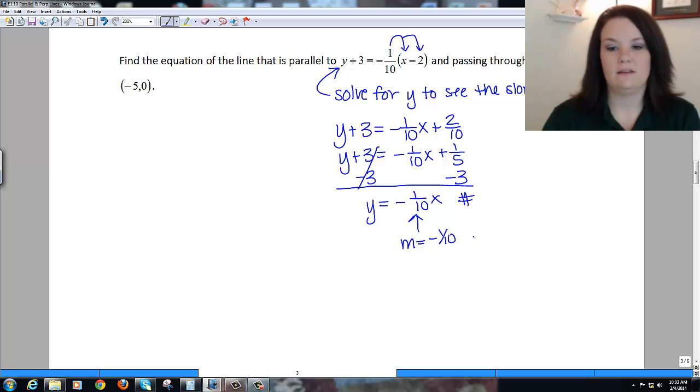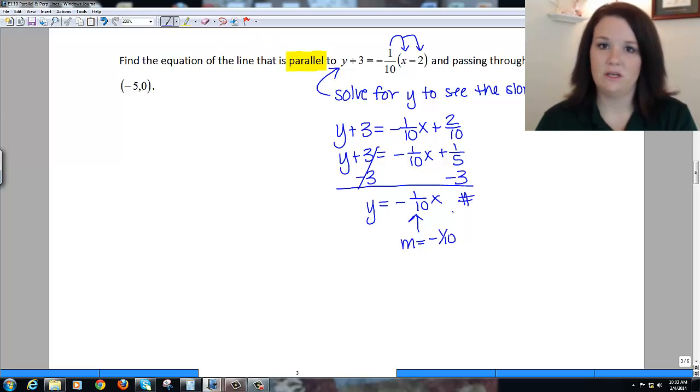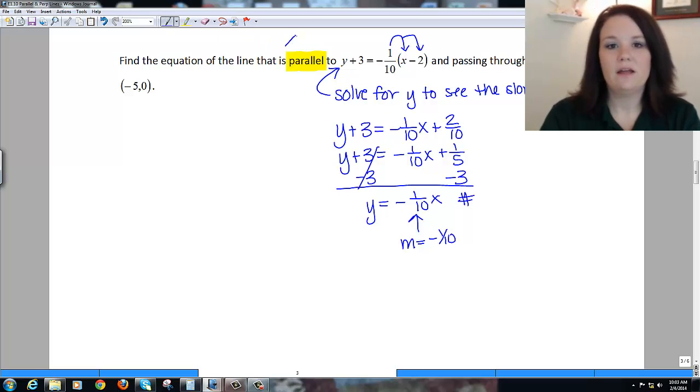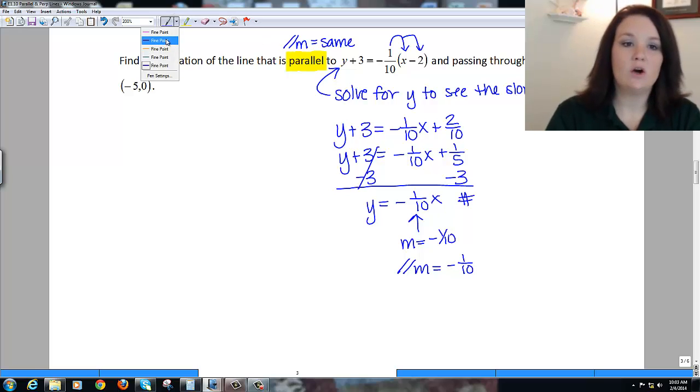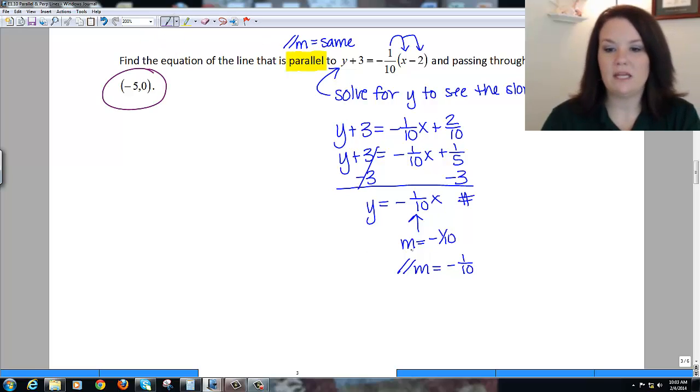So I go back up to my problem and it says my new line is going to be parallel to this one. So if it's parallel, then my parallel slope should be the same. So here my parallel slope is also going to be -1/10. So now I know the slope that I'm using, and I'm going to use that slope and the point that they gave me and plug it into my point slope formula.